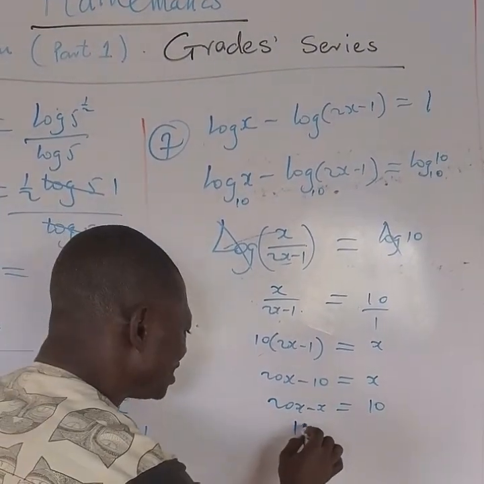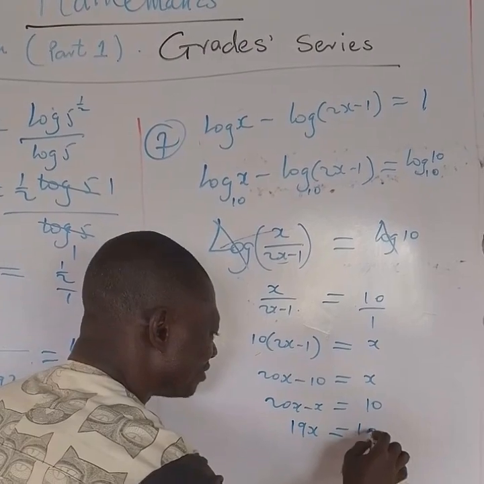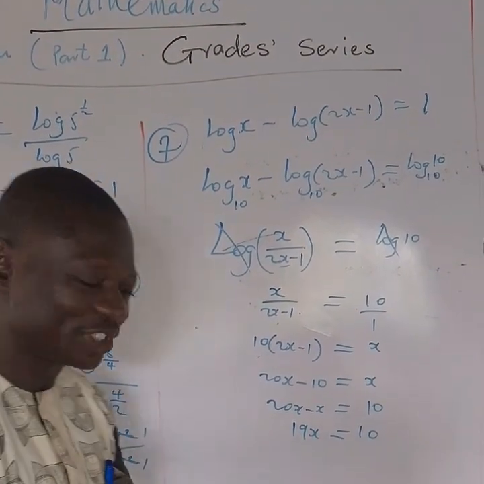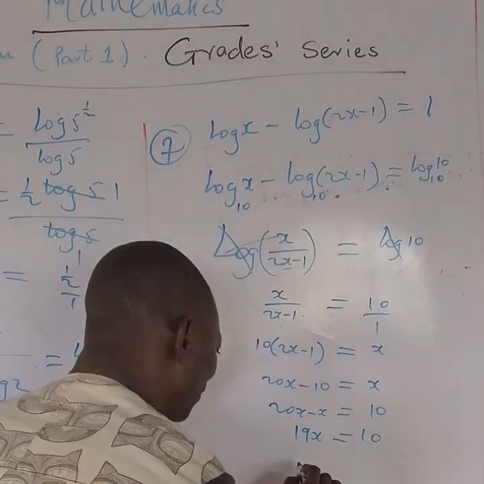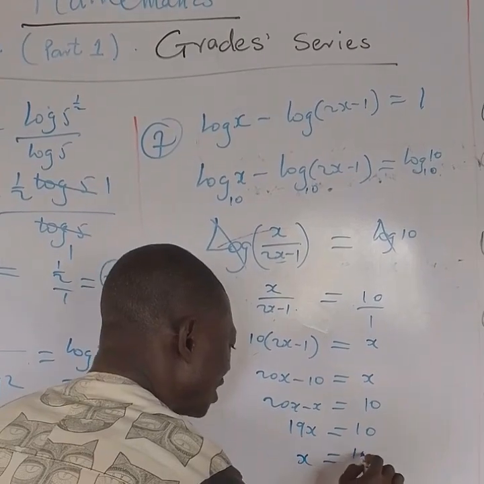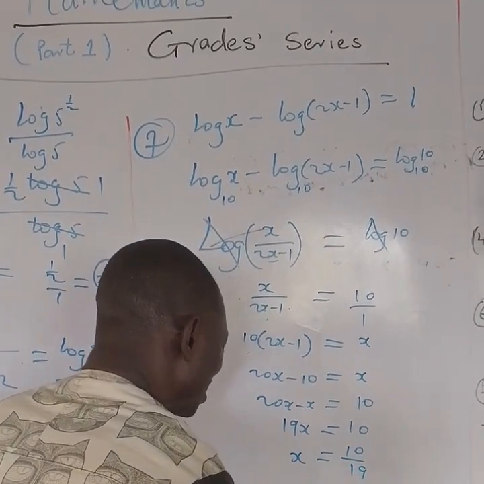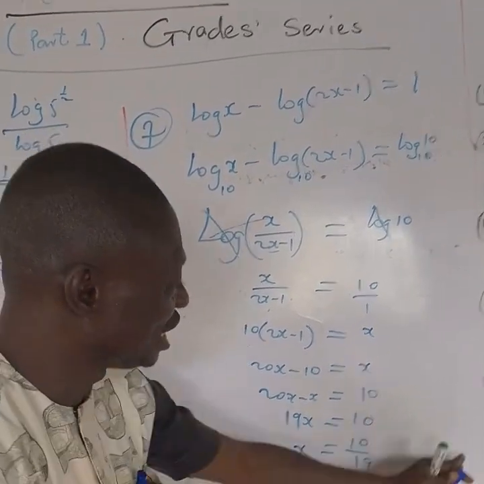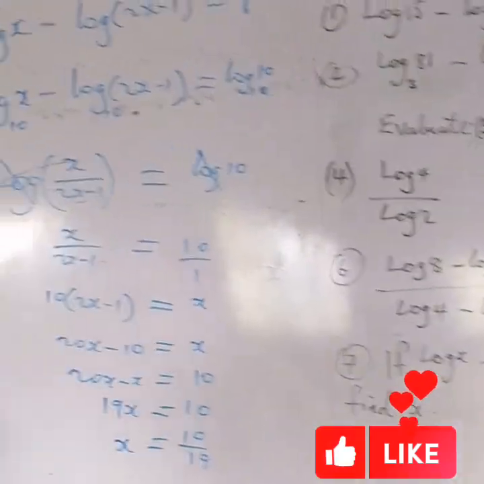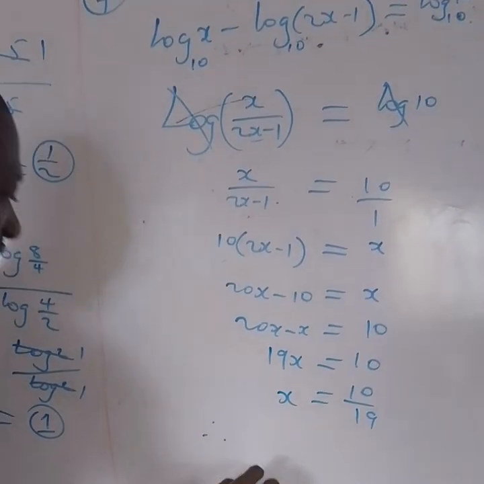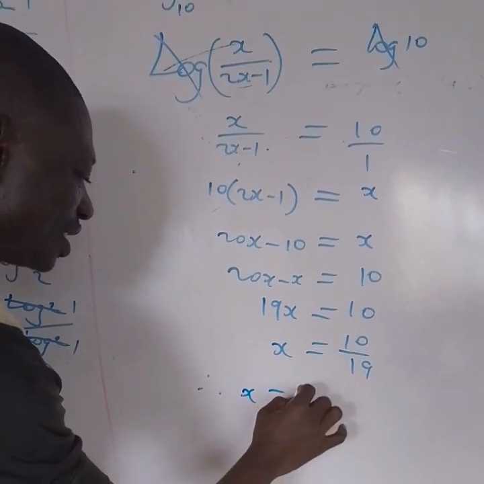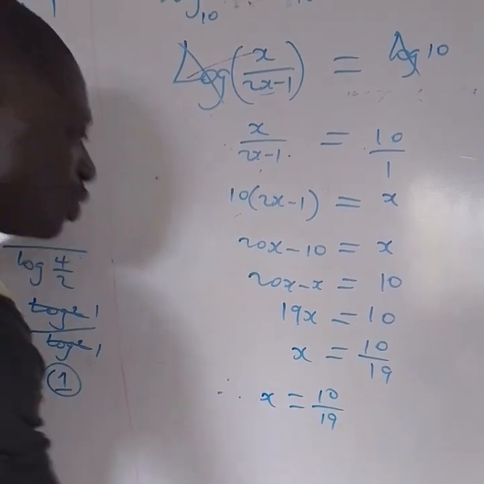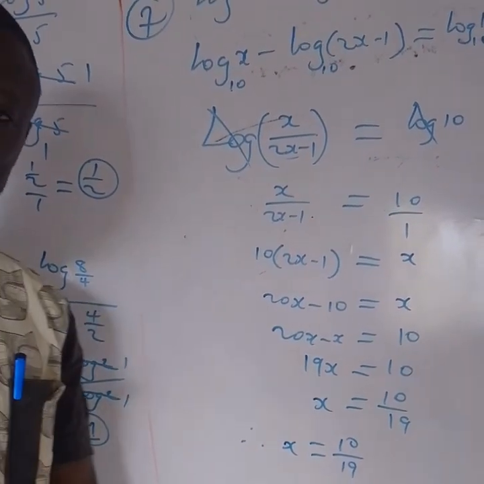And so 19x is equal to 10. Dividing both sides by the coefficient of the unknown, which is 19, will give us x is equal to 10 over 19. Therefore, in this equation of logarithm here, we are sure from our solving that x is going to be 10 over 19 to make the equation true.